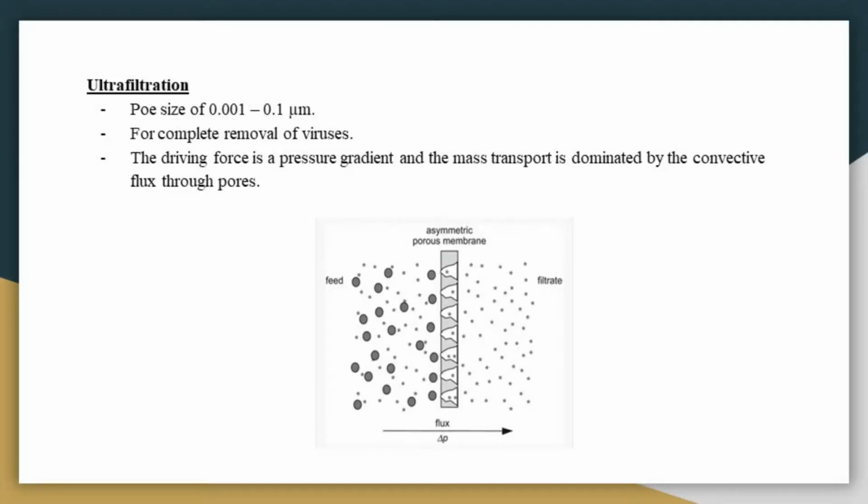Okay, about ultrafiltration. The pore size ranges from 0.001 to 0.1 micrometer, so it is for complete removal of virus. The driving force is pressure gradient and mass transport. It is dominated by the convective flux through pores.